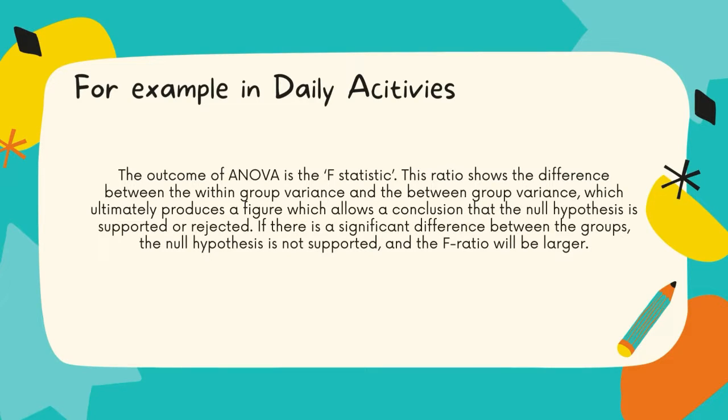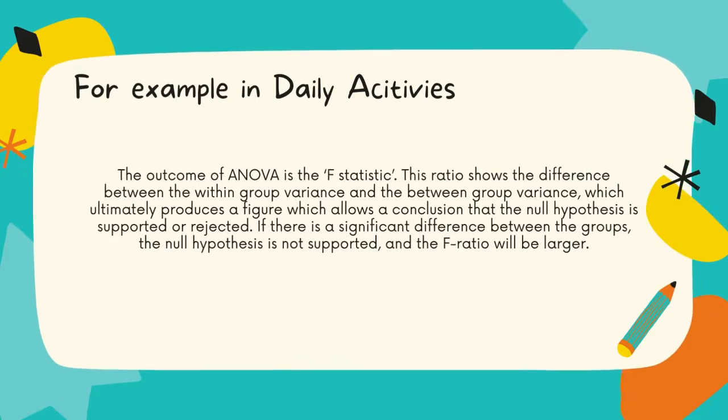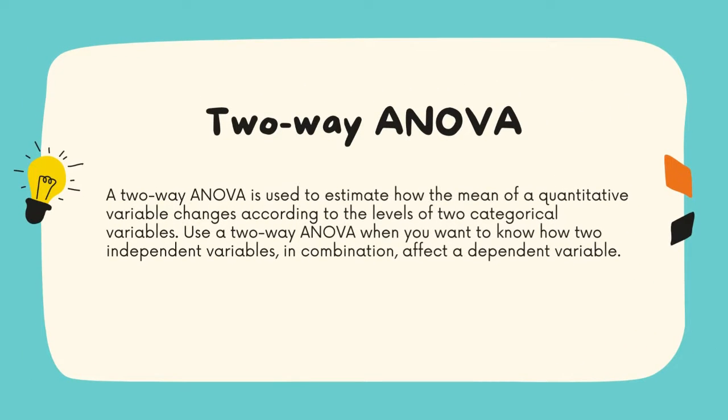This ratio shows the difference between the within-group variance and the between-group variance, which ultimately produces a figure that allows a conclusion that the null hypothesis is supported or rejected. If there is a significant difference between the groups, the null hypothesis is not supported and the F ratio will be larger. And now we move to the two-way ANOVA.